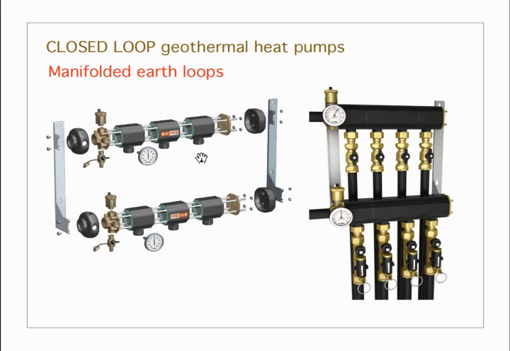This doesn't have to operate at 180 degrees Fahrenheit, so it can use a polymer material rather than brass. The manifolds can be configured for different numbers of circuits. They can be configured with isolation valves, flow meters. So many of the features that some of you are used to on radiant manifolds are available with geothermal manifolds.